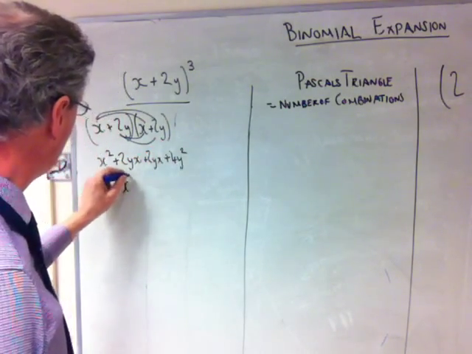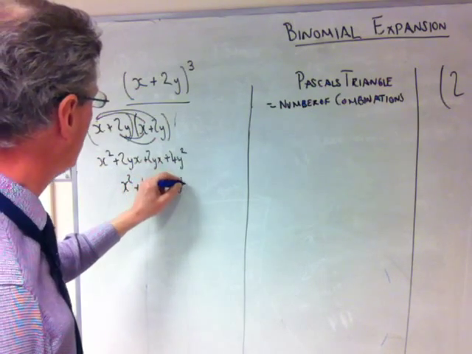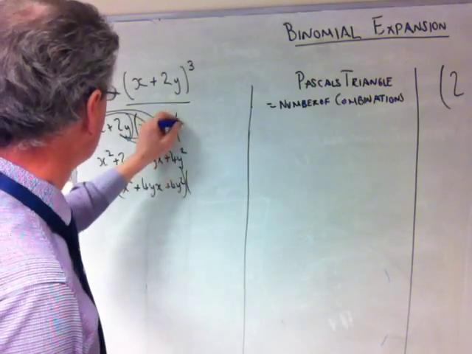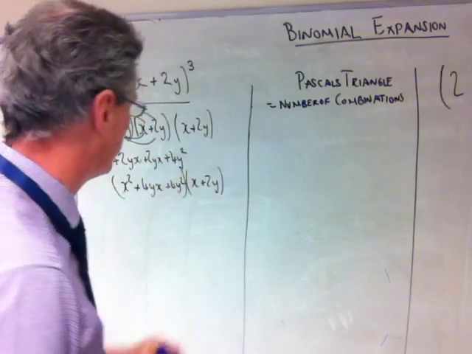Collect those together, x squared plus 4yx plus 4y squared, and then you could multiply it by the last one, (x + 2y).